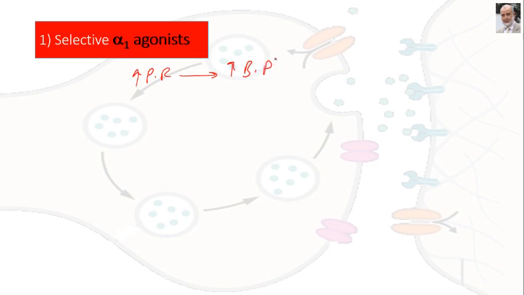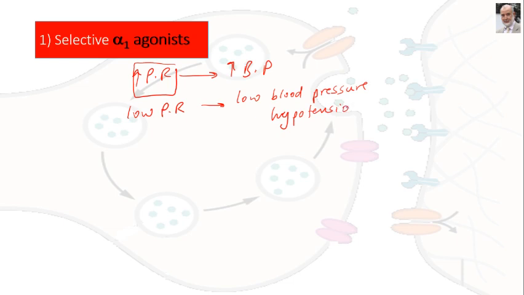and therefore they are used in cases of low peripheral resistance and, of course, low blood pressure. This case of low blood pressure is known as hypotension, and if the hypotension is so severe, it can lead to shock.